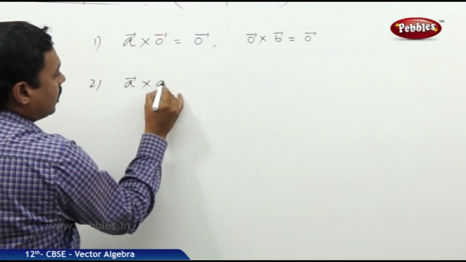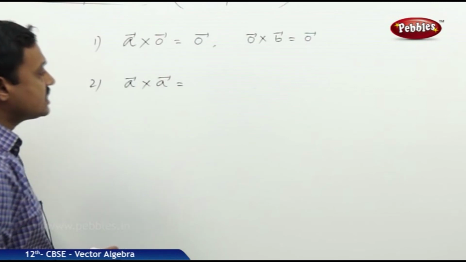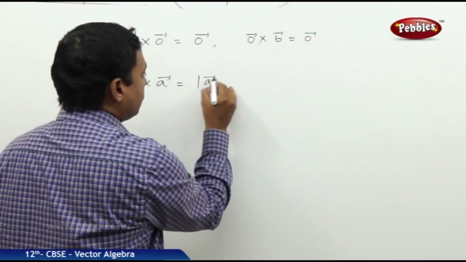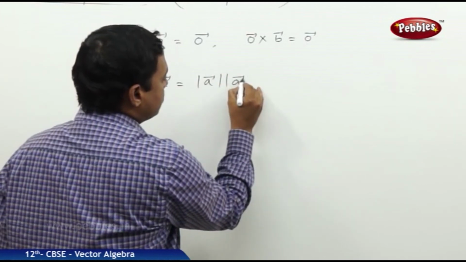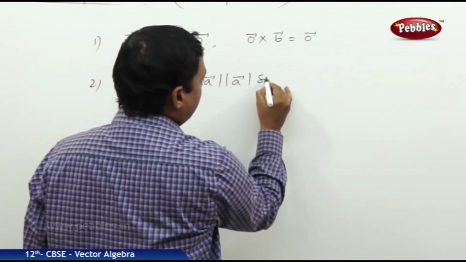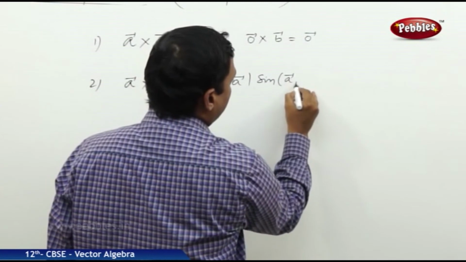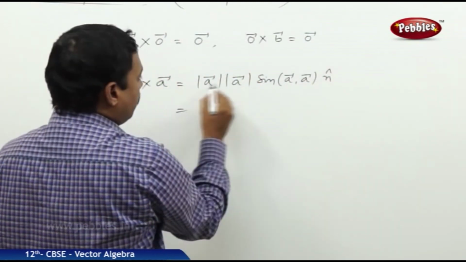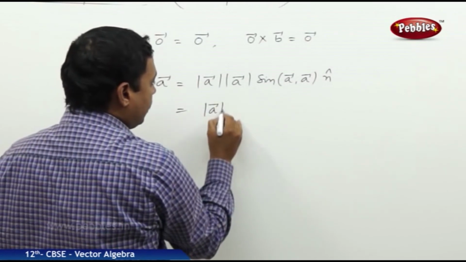Now, what is the cross product of a vector with itself? A cross A is equal to modulus of A into modulus of A into sine of the angle between A comma A into n cap. That is mod A square.